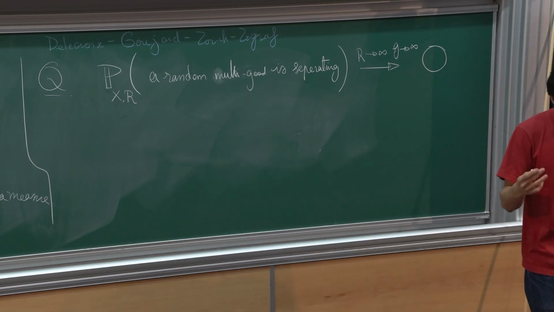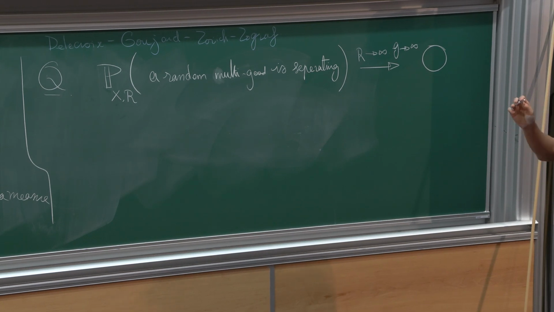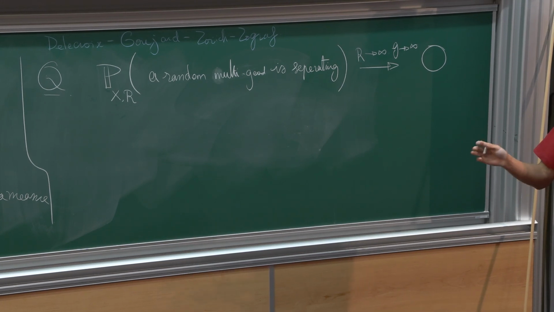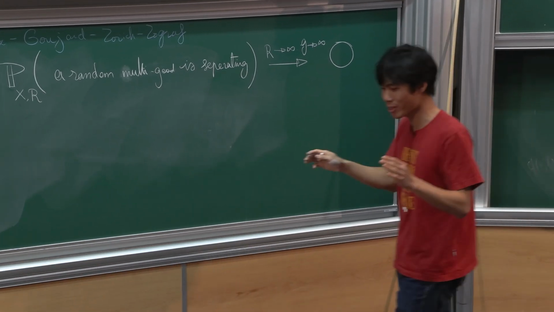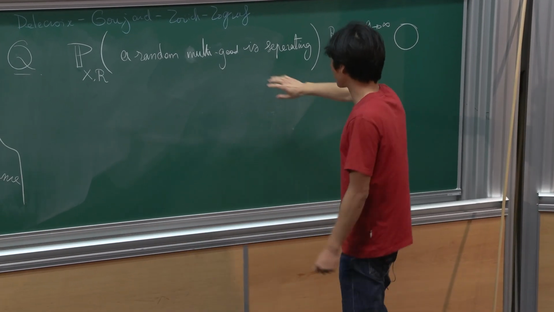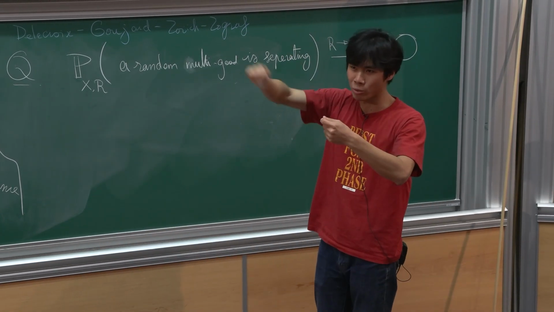So it means that if you take a random multi-geodesic on a hyperbolic surface with huge genus, you have no chance to pick a separating one, which means you would cut the surface into many pieces. It's sort of surprising, because for a general multi-geodesic, it will be something very long, wandering around the surface.